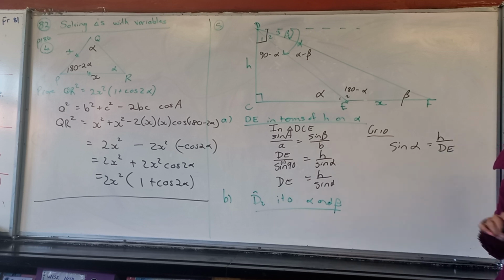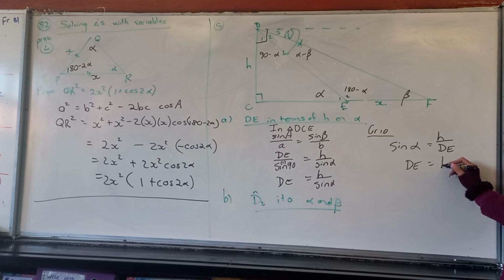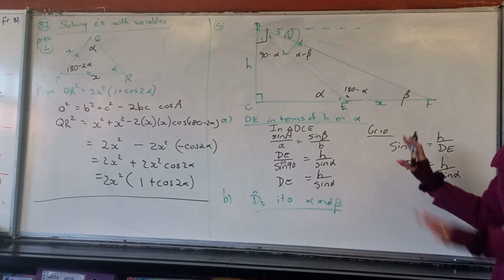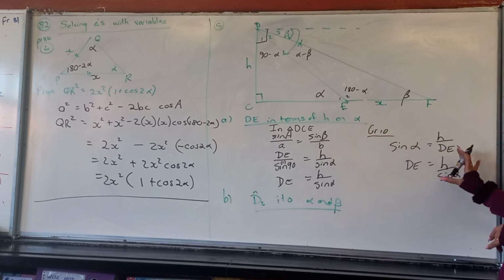How would you get DE alone? Cross multiplication, you see them. So the DE would still be H over sin alpha like there. And both those techniques would have been worth 2 marks. Sin rule or grade 10, but you can only use the grade 10 method if it's a 90-degree triangle.